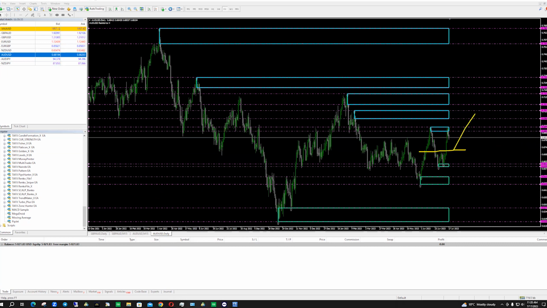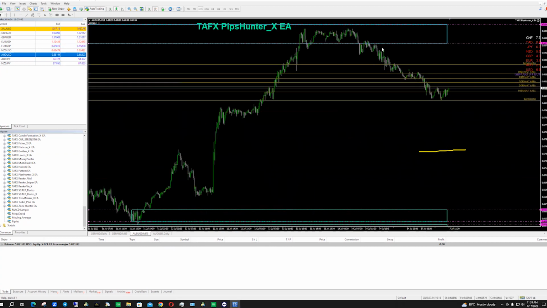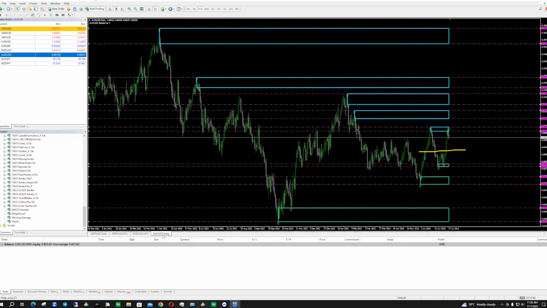And now, because we are in the 4-hour supply zone from this area, this is why it's selling, because in a daily time frame there is a sell from this resistance.